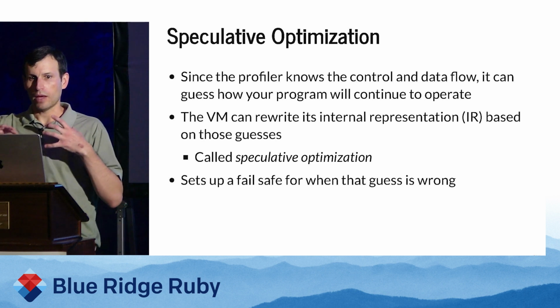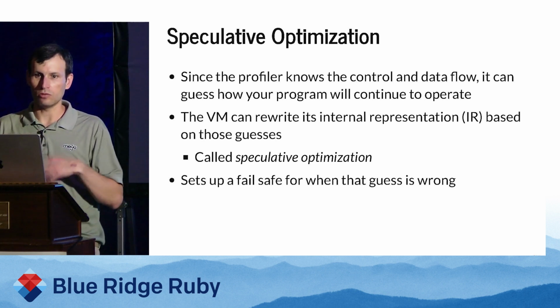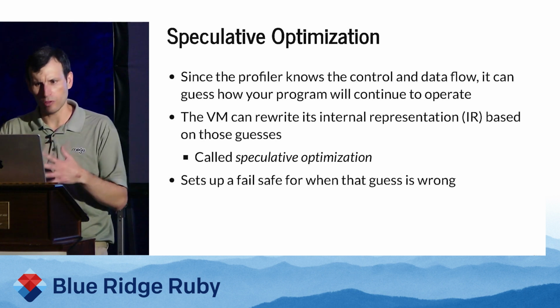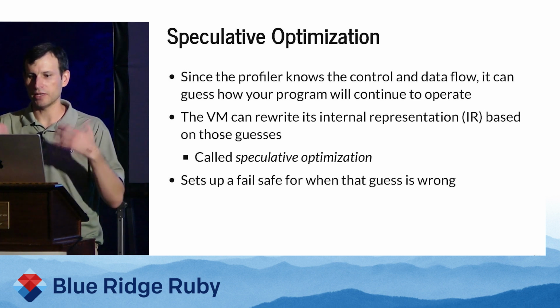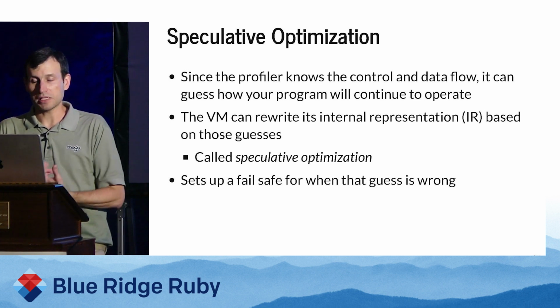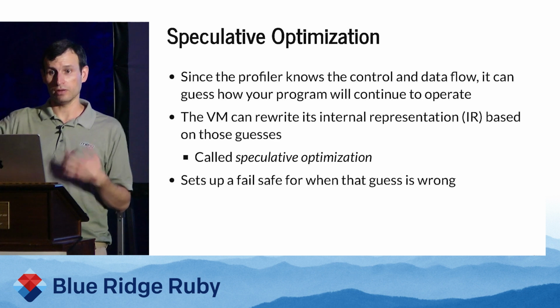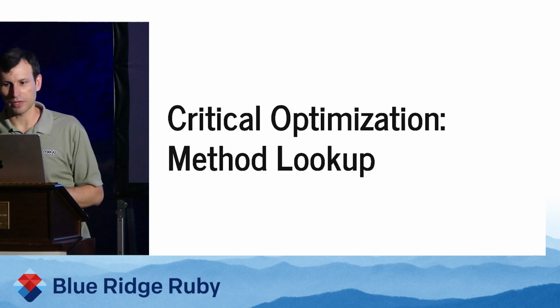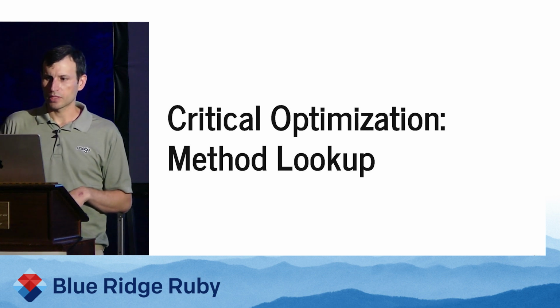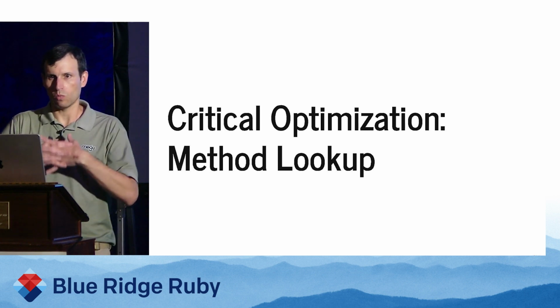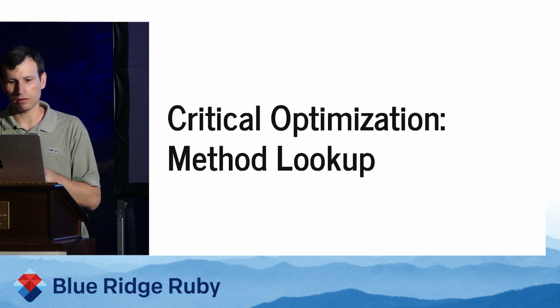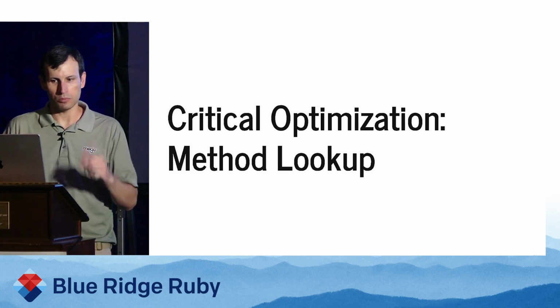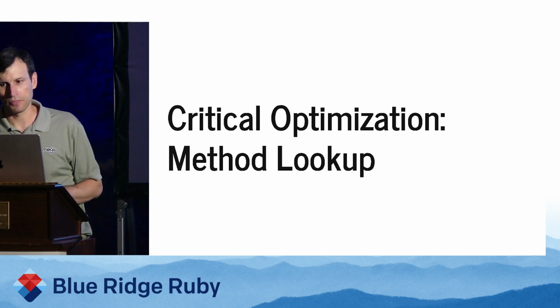And it can update its own internal representation, whether it's the AST or the bytecode, to optimize even further. Now, it does need to be able to handle the case where its assumption isn't held, and it'll set up a fail-safe for that to allow it to recover. So by way of example, I want to look at one really particular optimization that helps Ruby quite a bit, and that's method lookup.